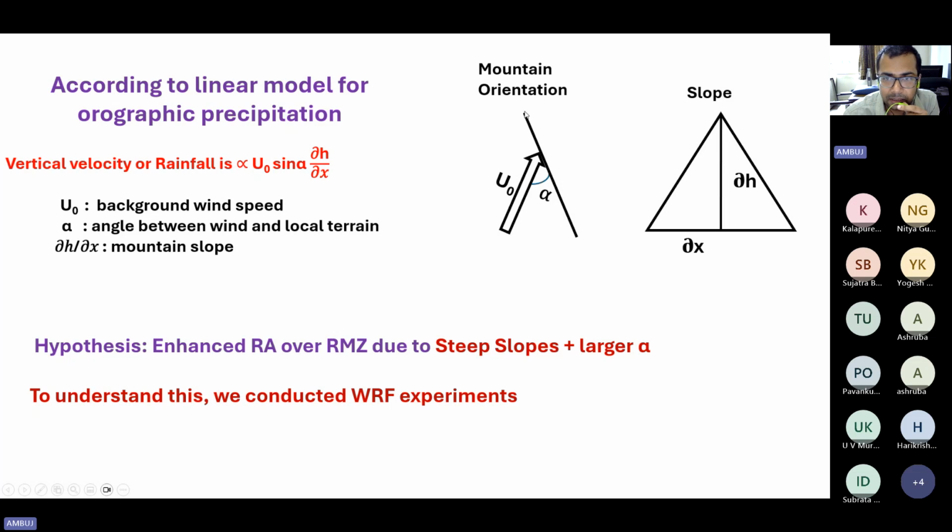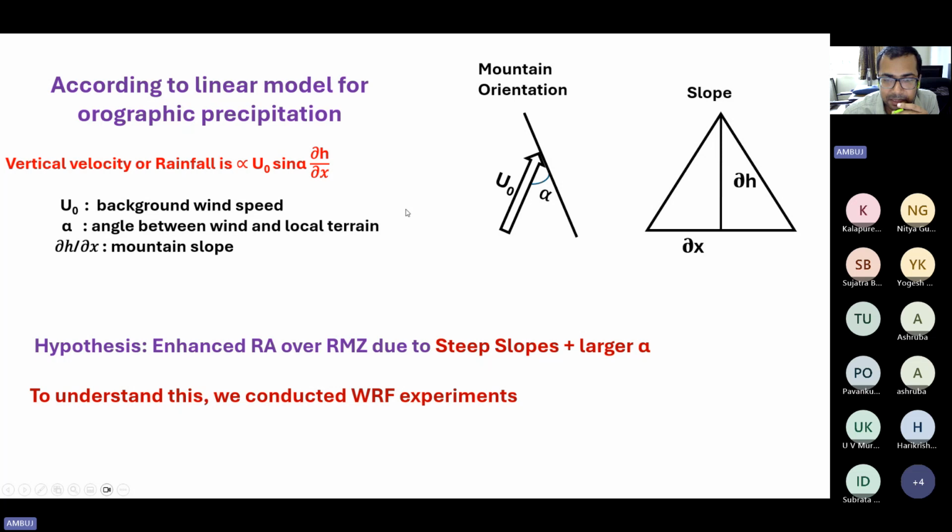The mountain orography is oriented in this direction and the wind is striking at an angle alpha. So the higher the alpha, meaning if alpha is close to 90 degrees, there will be a higher degree of forced ascent, and it may lead to heavier, stronger updrafts, and heavy rainfall over this region.